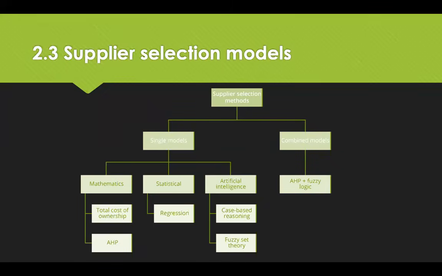So what it does is it structures the problem in the form of a hierarchy to capture the sub-criteria and the alternatives. And a pairwise comparison is done for all criteria to determine their relative weights, and the alternatives are compared with regards to each criterion. The final score is then generated for each alternative.